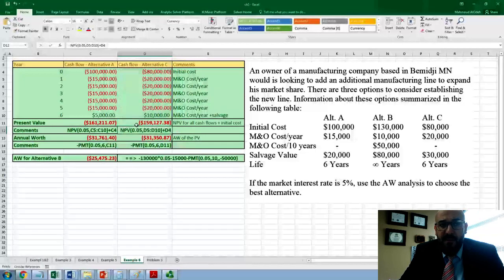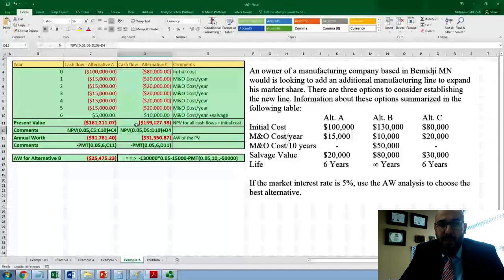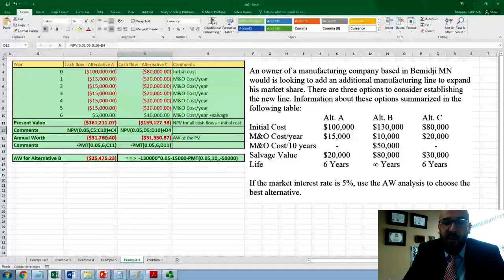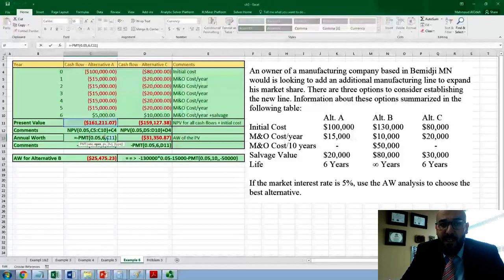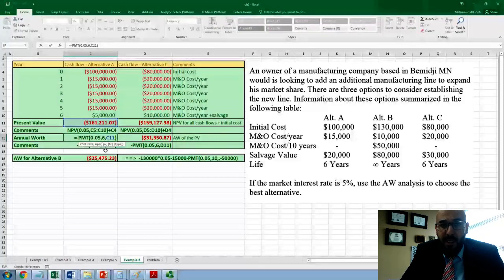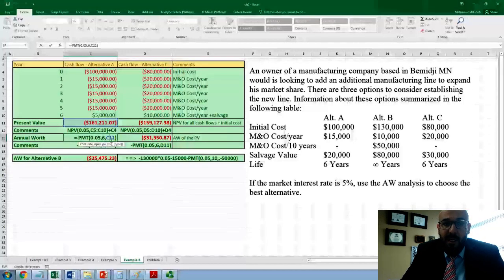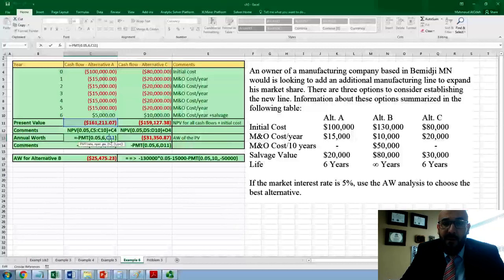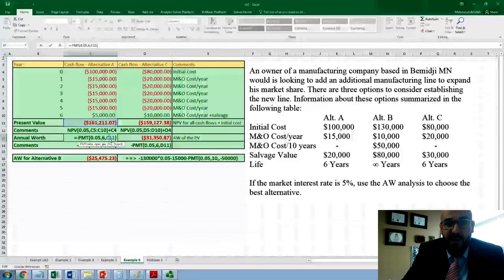Once we have the present value for these two alternatives, A and C, we need to find the annual worth using the PMT function, 5%. This alternative will last for 6 years, so we need the equivalent of this number over the 6 years, and the present value is the number that we calculated from the NPV function.